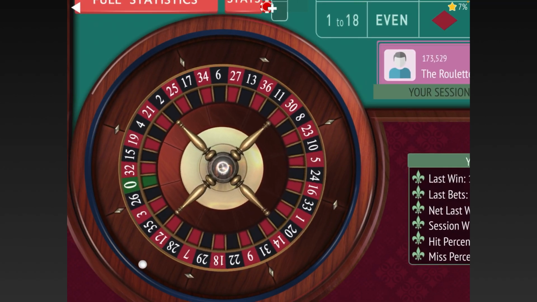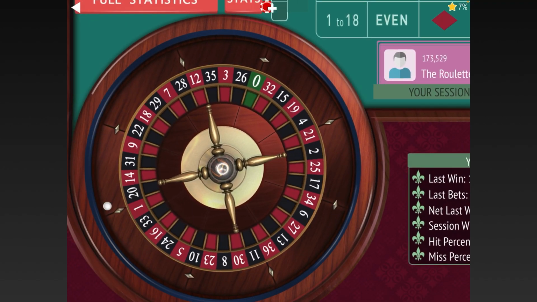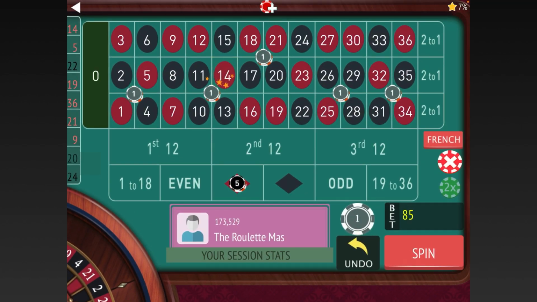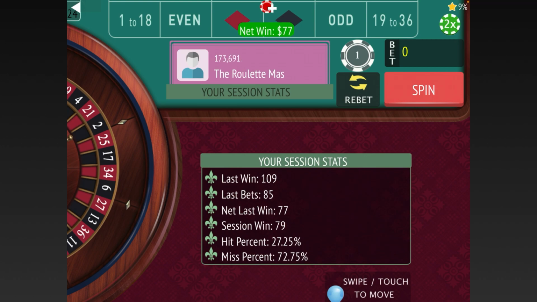And spin. $14 red. Okay, now we got 2 back-to-back wins finally, and we're $79 up.